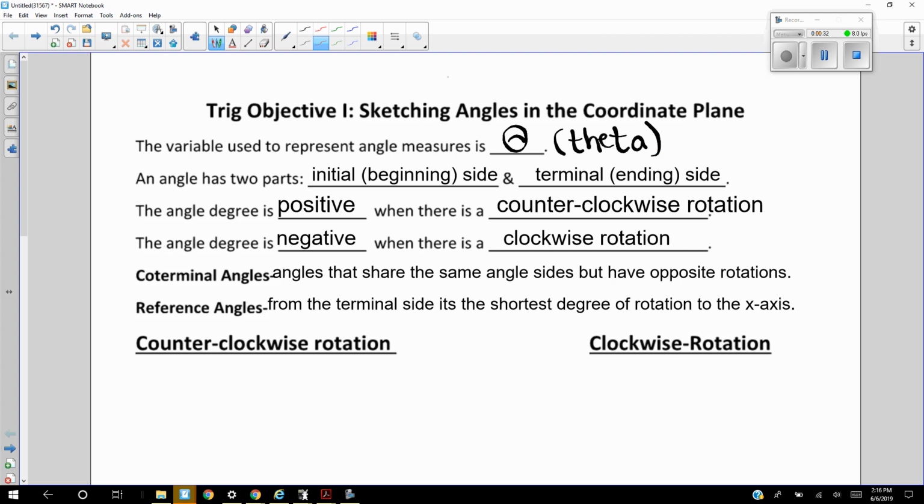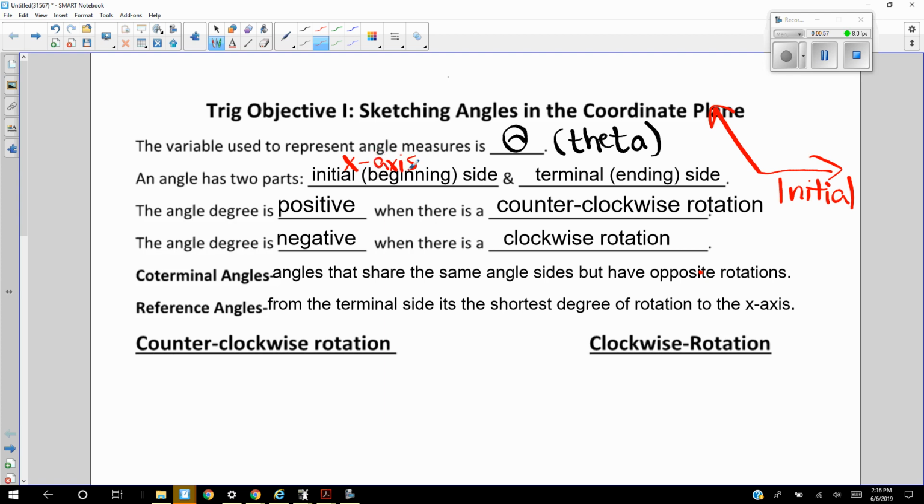All these angles have two parts. There's an initial side and a terminal side. So if you talk about any angle right here, let's just make up an angle here. The initial side is always going to be the x-axis, because we're going to be graphing these in the coordinate plane.